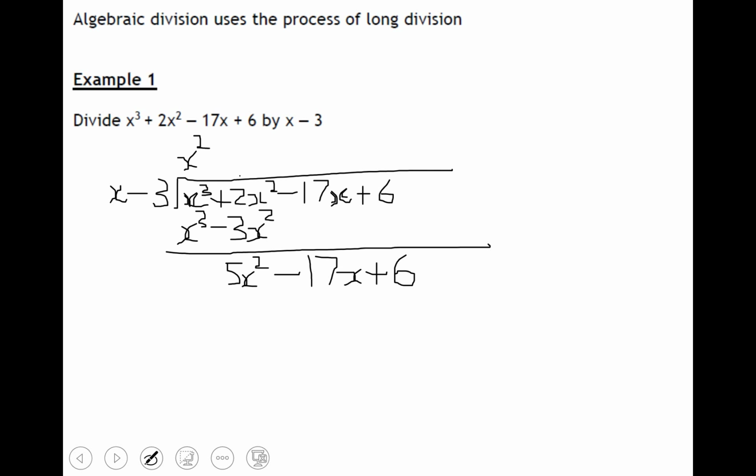So we're looking at what we multiply x by to get 5x squared. In this case, it's plus 5x. And then we take that 5x, we multiply by the x minus 3, and we put it underneath. So 5x times x is 5x squared. 5x times minus 3 is minus 15x.